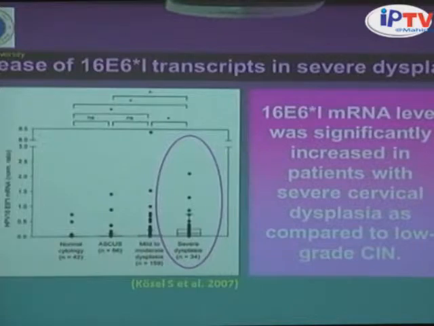So we are very interested in this small protein and would like to see how it is involved in cervical cancer. E6*1 is actually the major splice protein, comparing the two forms, star1 and star2. Star1 is the major product.